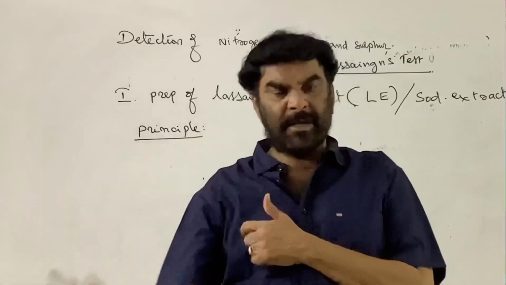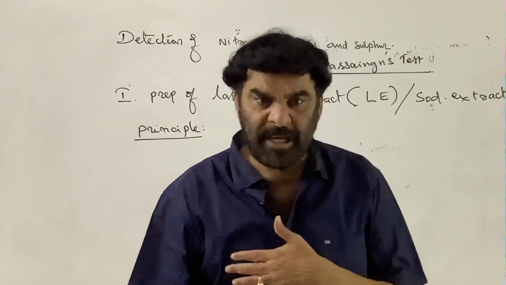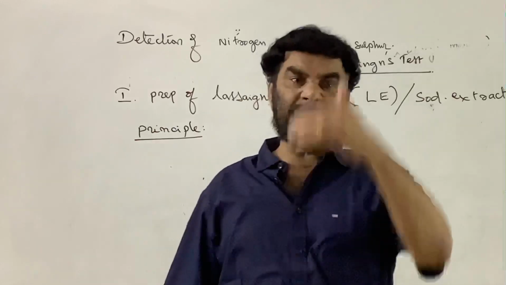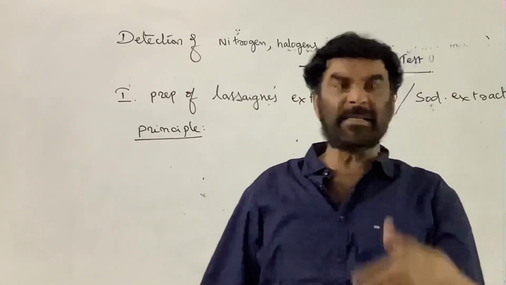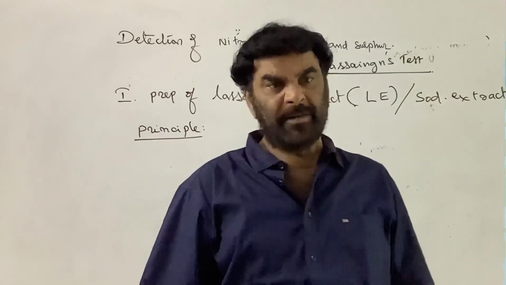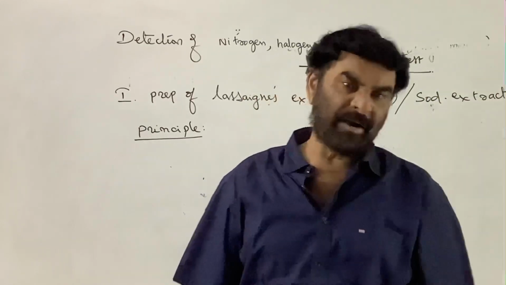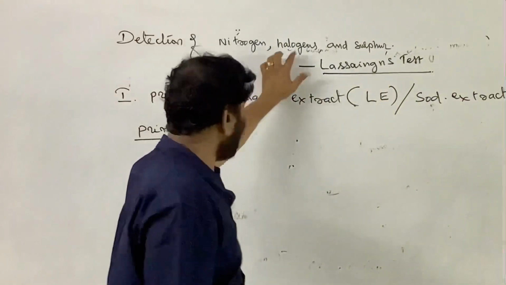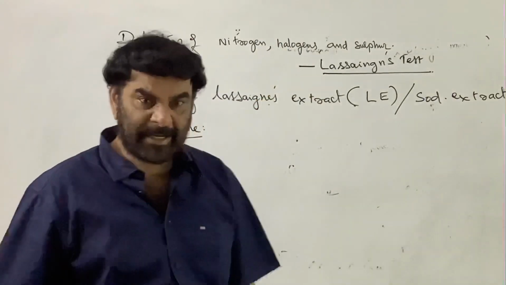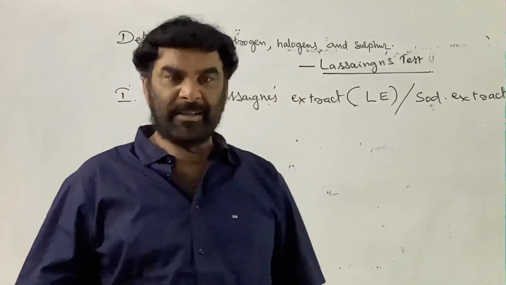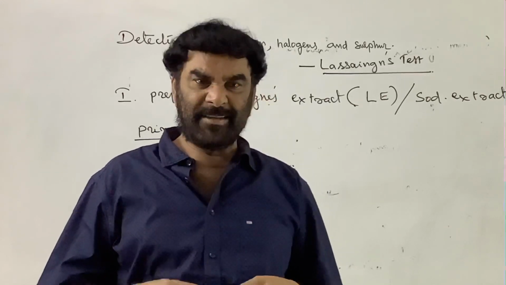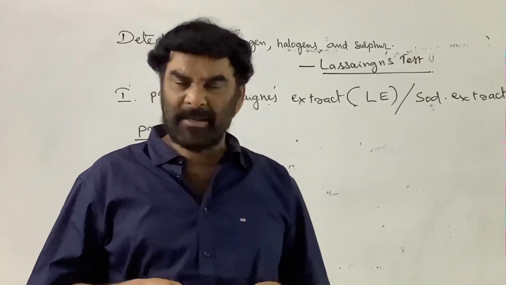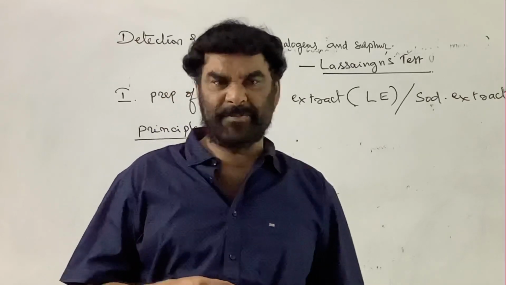The chlorine is separated in the form of free chloride ion. By conducting the test on the solution, the presence of chlorine can be identified, which is originally present in the form of chloride. Here, the halogen, chlorine, is covalently bonded. The carbon-chlorine bond is a non-ionizable bond. Therefore, the presence of chlorine cannot be detected easily.